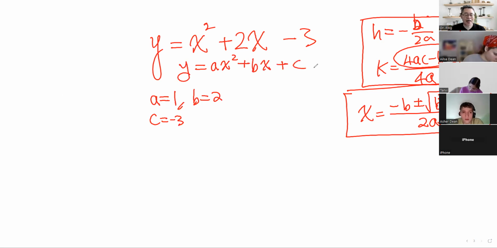So we just use that to figure out what is A, what is B, what is C. K equals 4ac minus b squared over 4a. 4 times 1 times 3, that'd be -12.